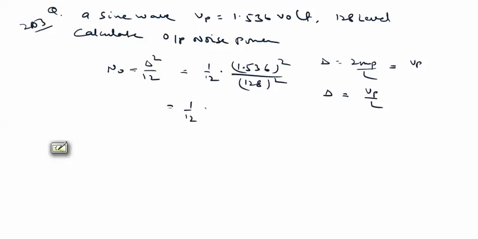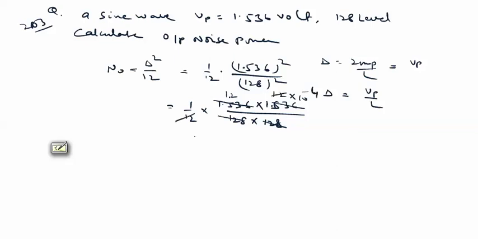1 by 12 into 1.536 divided by 128, into 128. Cancel out these terms. 1.2 into 10 to the power minus 4.